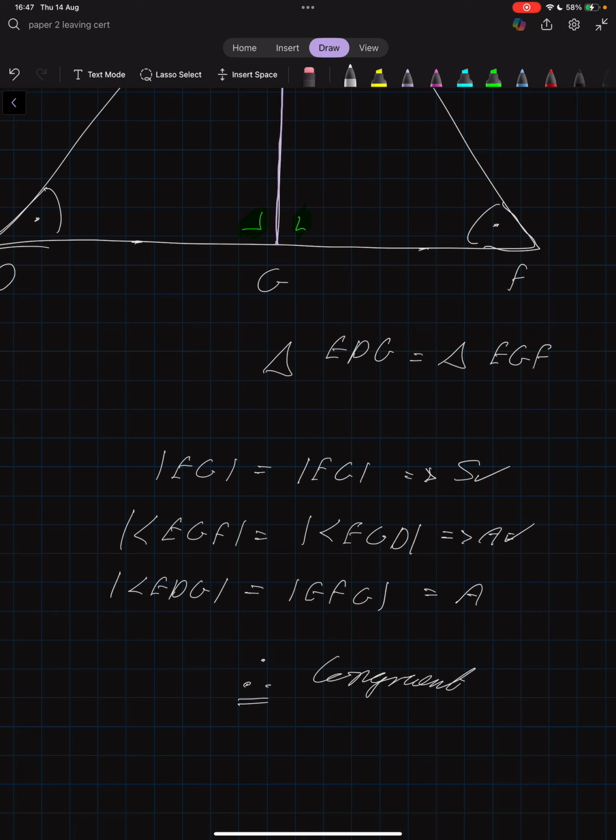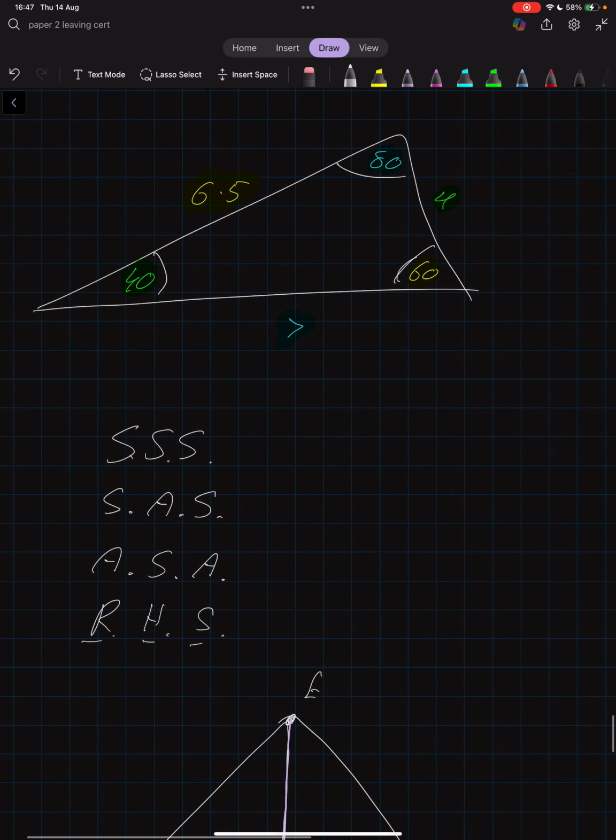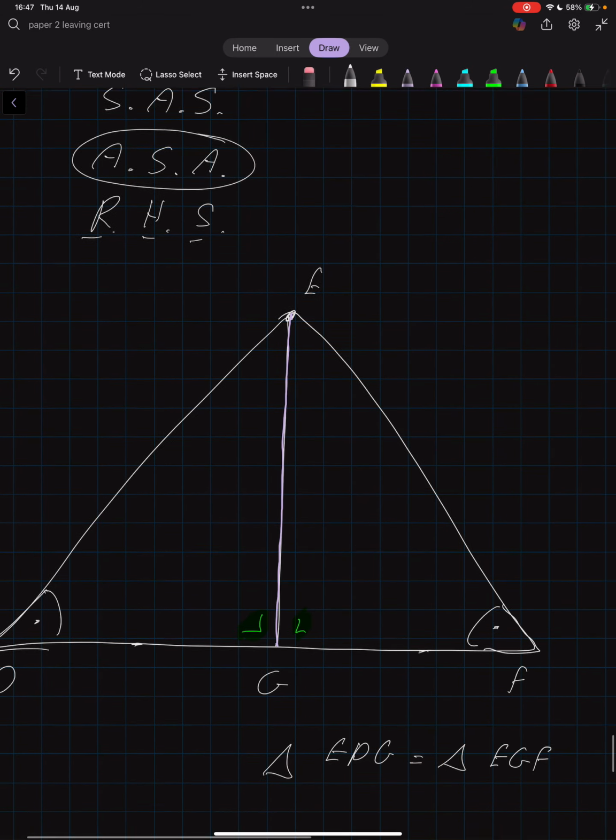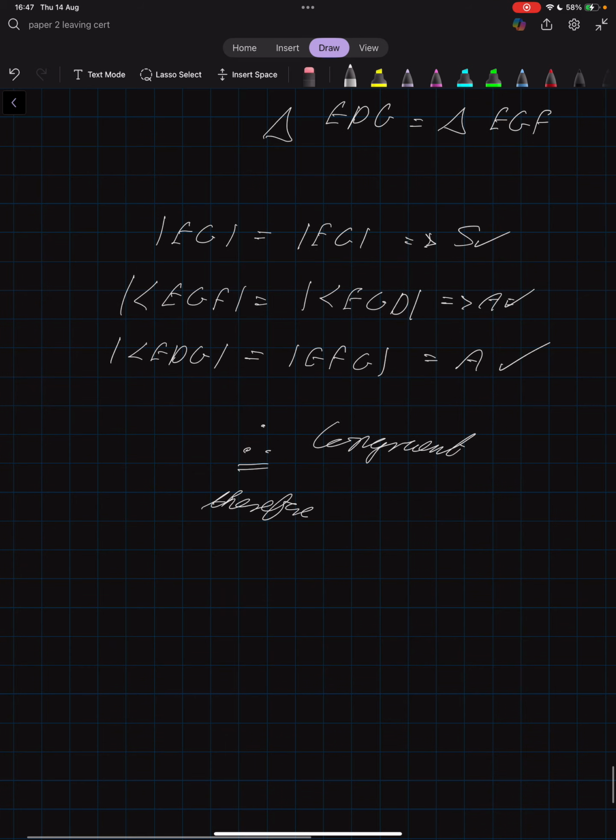This symbol just means therefore. Okay, so that's all I've said. So in this case, it would be the angle, side, angle that I proved. All right. So hopefully that's all okay.